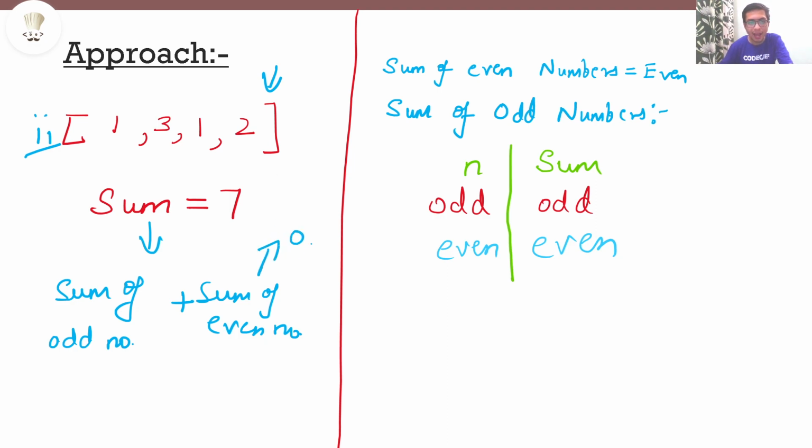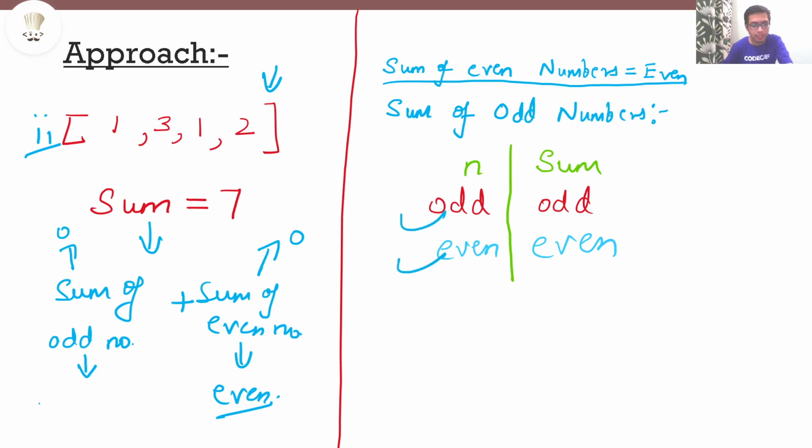And similarly, if our array doesn't have any odd number, then in that case, the sum of odd numbers would be 0, right? Now, we know that the sum of even numbers is always even. And similarly, the sum of odd numbers in the array could be odd as well as even.